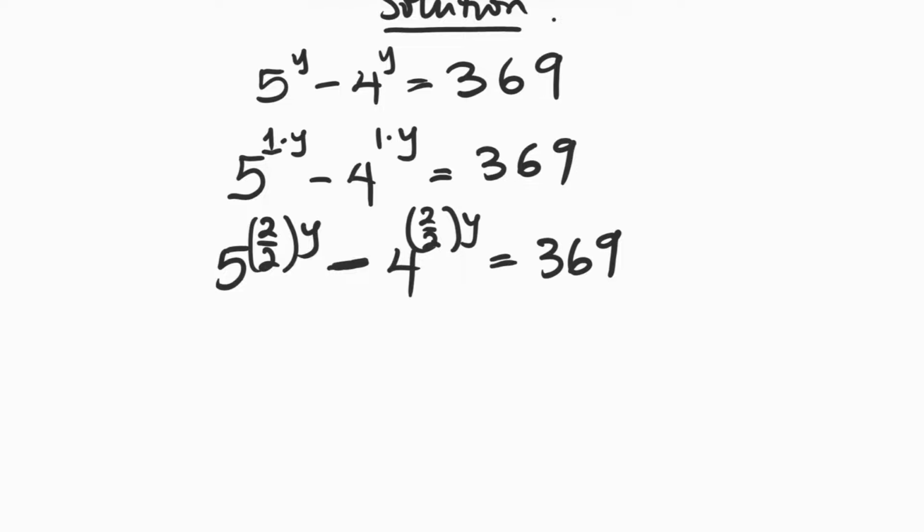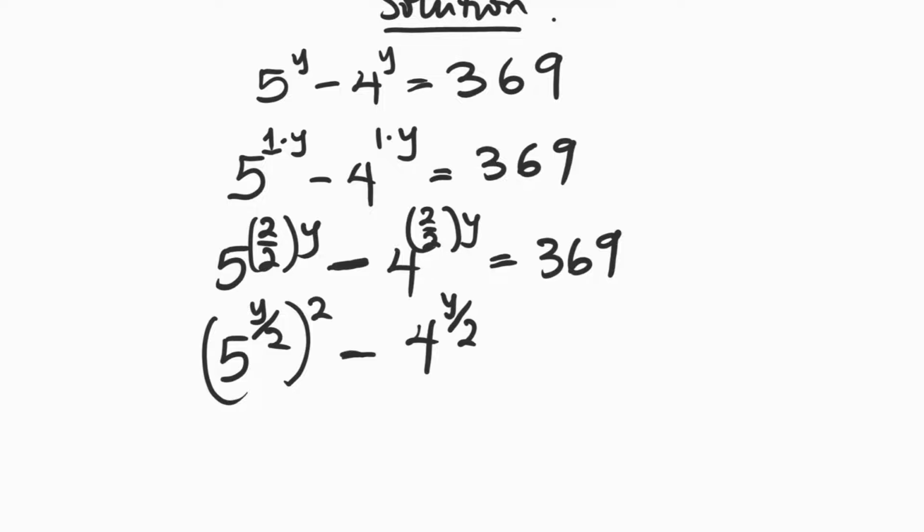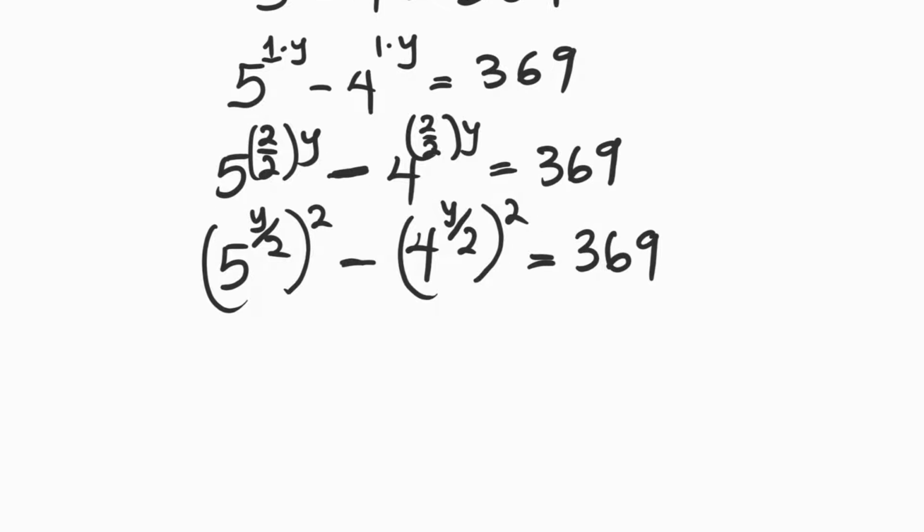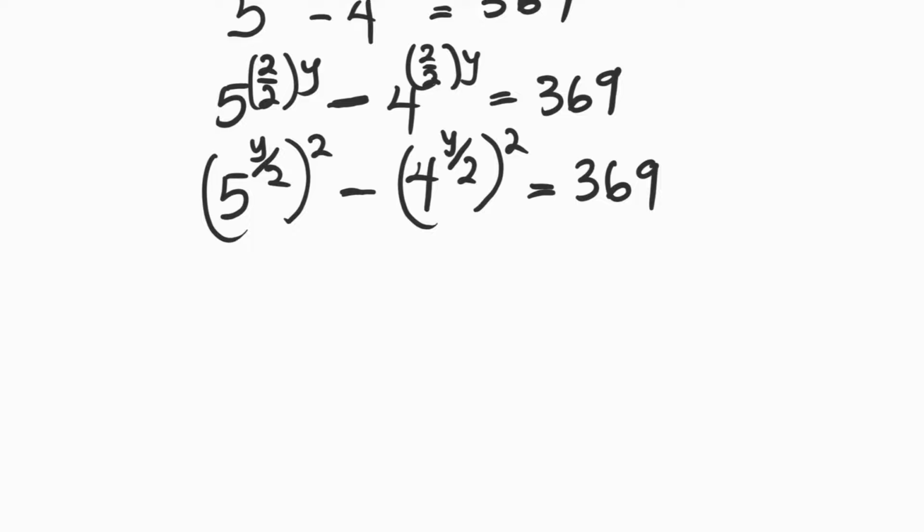Now, this is the same thing as 5 raised to the power y over 2, squared, minus 4 raised to the power y over 2, squared, equals 369. So we can see now that we have a difference of two squares on the left-hand side.